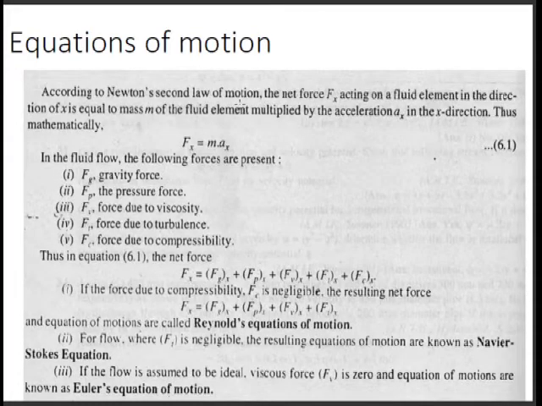This equation is called the Reynolds equation of motion. And when Ft, the force due to turbulence, is also negligible, then the resulting equation of motion is called the Navier-Stokes equation.